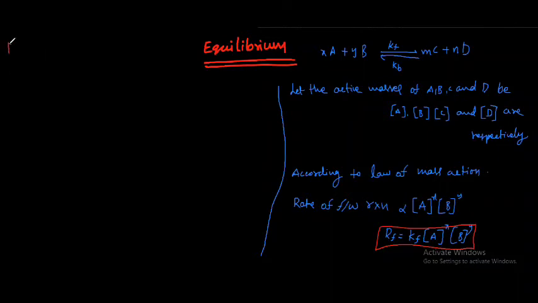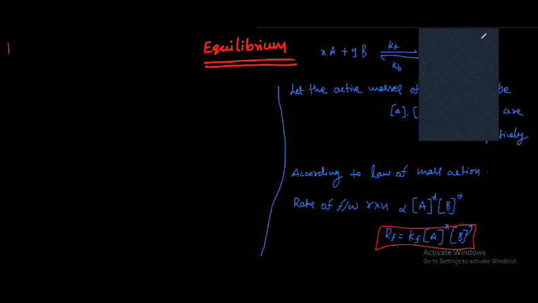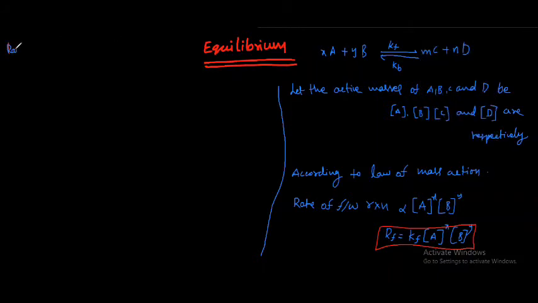The rate of backward reaction is directly proportional to the concentration of C power of m, the concentration of D power of n. Then Rb, the rate of backward reaction, is equal to Kb into the concentration of C power of m, the concentration of D power of n.